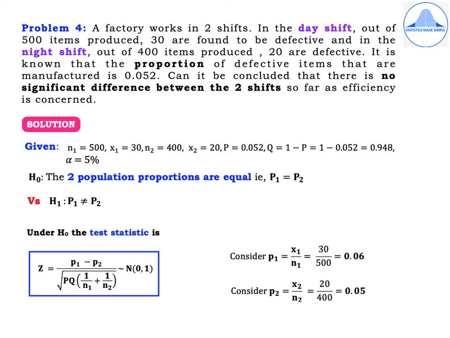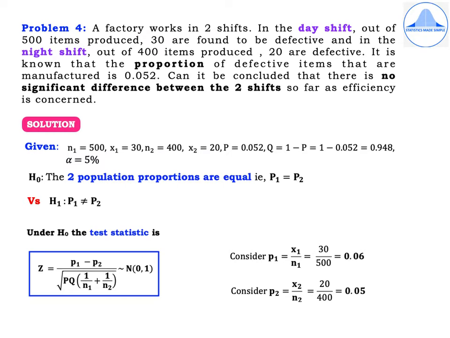That means capital P is equal to 0.052, and so Q is equal to 1 minus P, which is 1 minus 0.052, which is equal to 0.948. And since the value of alpha is not given, alpha is taken to be 5%.